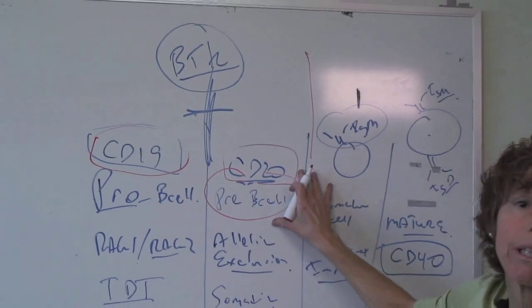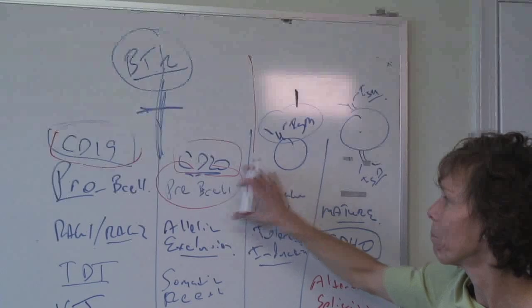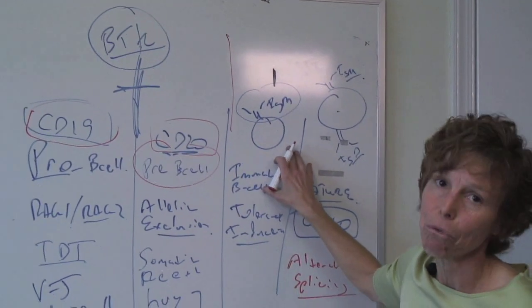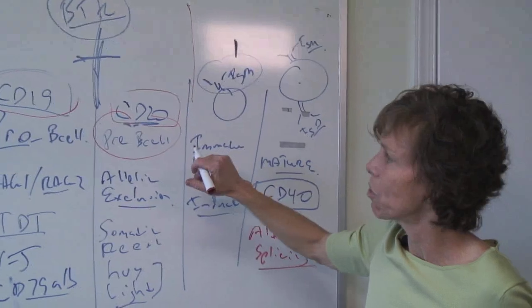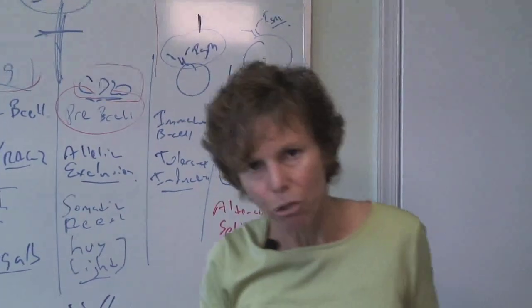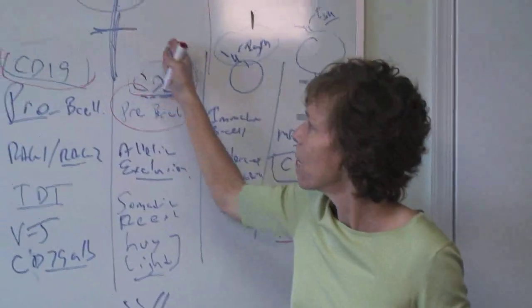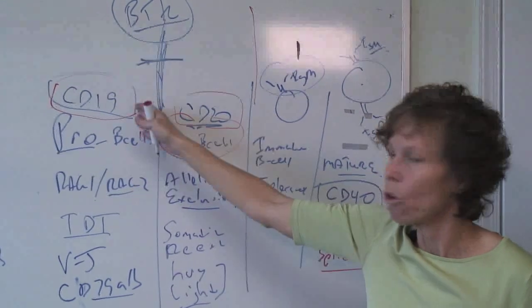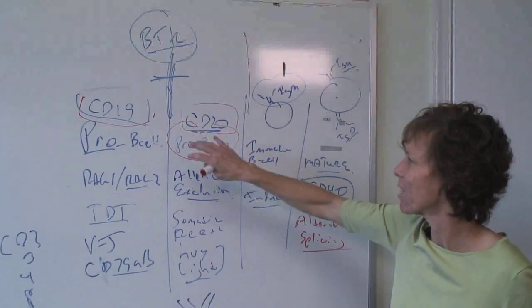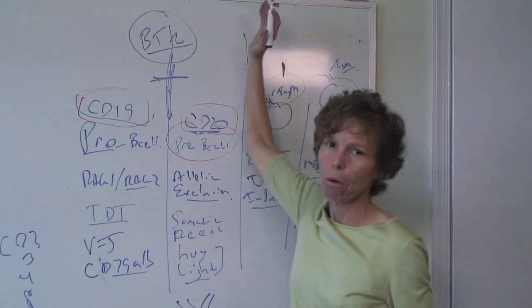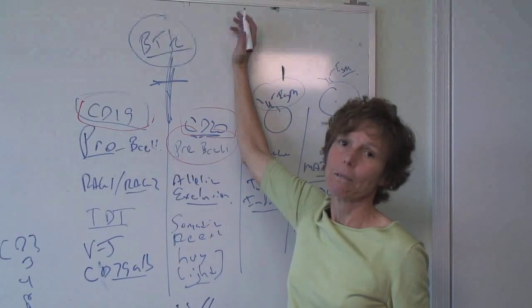So you don't fully develop beyond pre-B cell, and you don't have a lot going for you in terms of B cells. Now, for all of us who took biochemistry, we always think, well, if there's an enzyme, it won't go beyond this stage, it won't go beyond pro. No, this is immunology, not biochemistry, even though there's a lot of correlates. So essentially, it doesn't properly develop past pre-B cell.